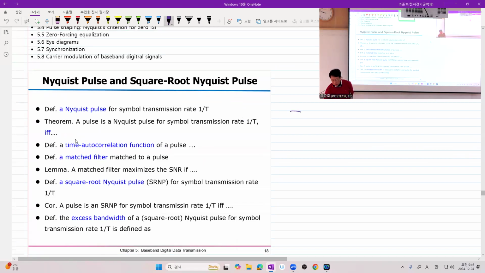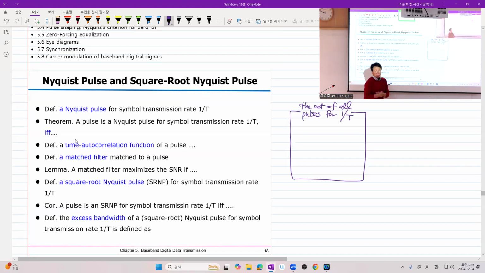So let me draw a Venn diagram. This is the set of all pulses for symbol transmission rate 1/T hertz, or symbols per second, and of course, with some offset.